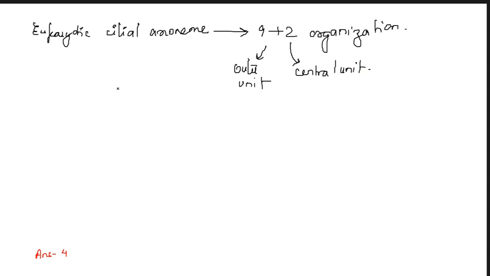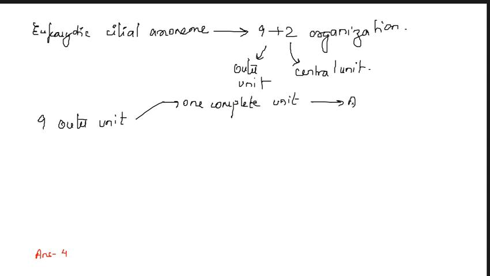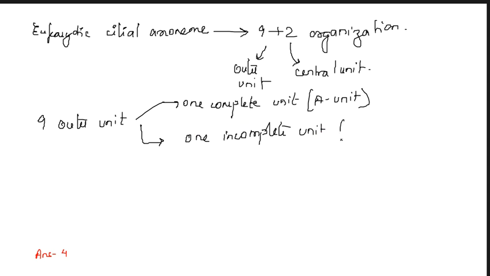Now, each of the 9 outer units is composed of one complete unit, which is called the A unit, and one incomplete unit, which is called the B unit, or the B tube.